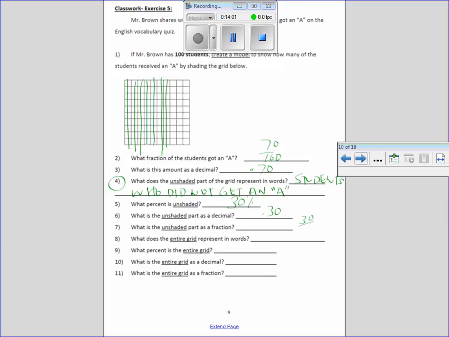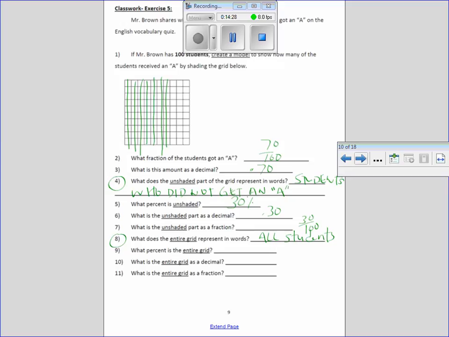Then number 8 is another question that I want you to make sure you have it written right. If you get it right, 5 would have all students. But I would take 100, but all students is fine. 100% is the entire grid.